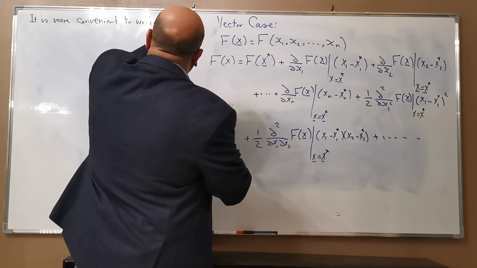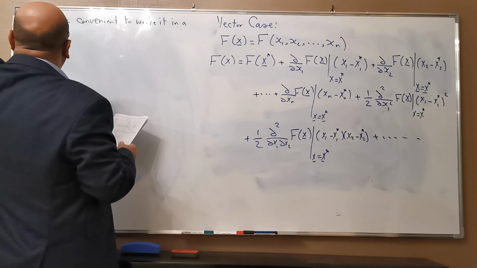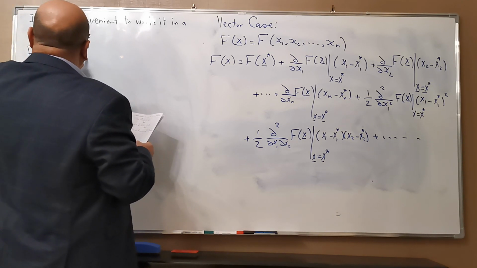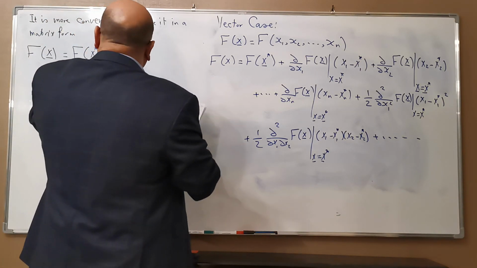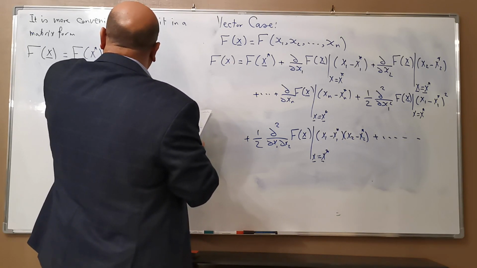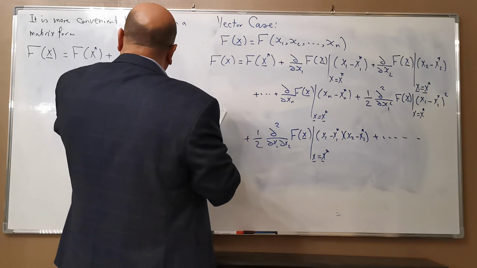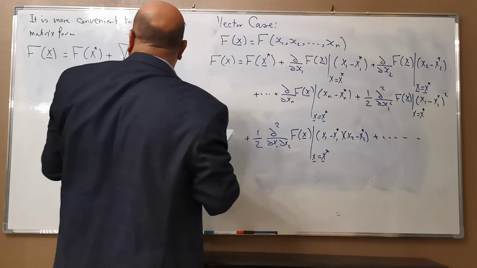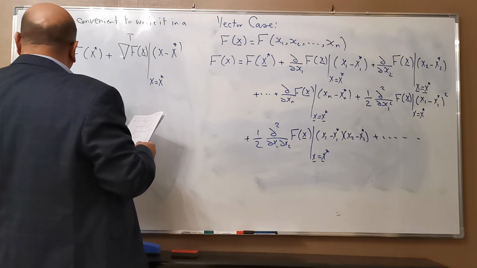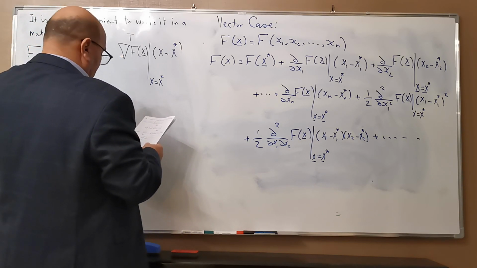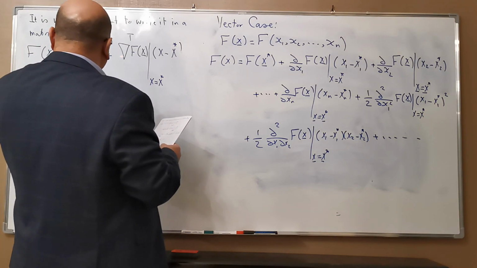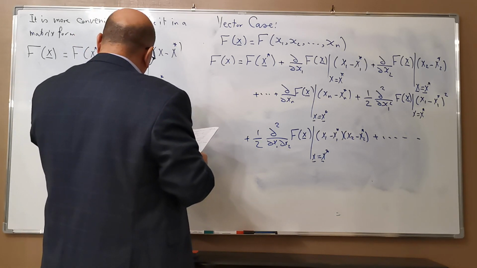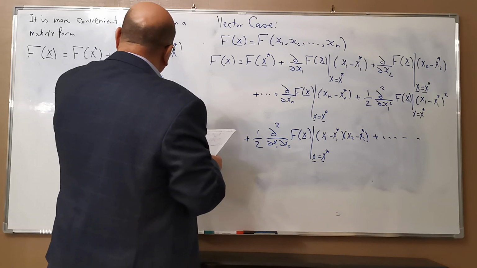So f of x as a vector is equal to f of x star as a vector plus the gradient transpose of f of x evaluated at x equals x star multiplied by x minus x star, plus 1/2 times x minus x star transpose times the Hessian of f of x at x equals x star times x minus x star.